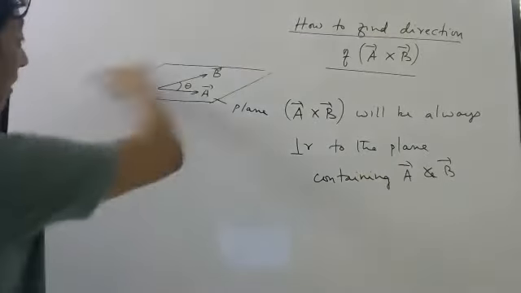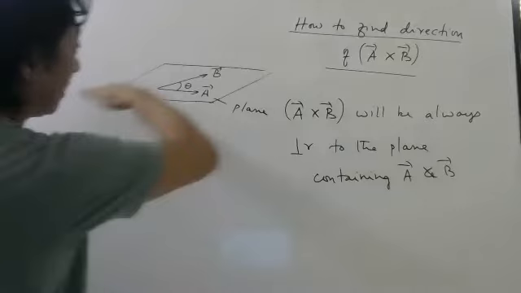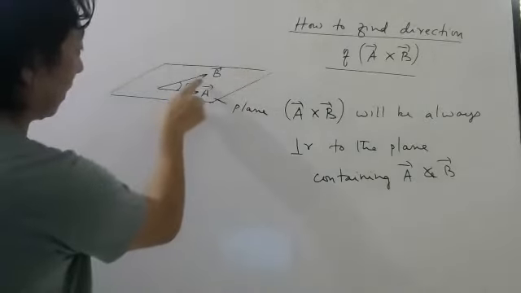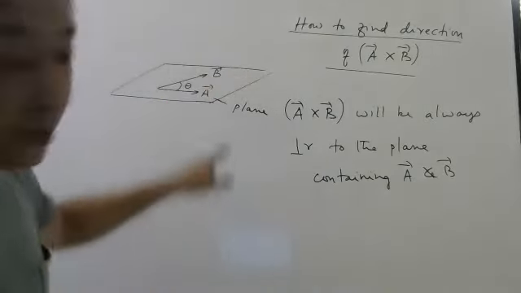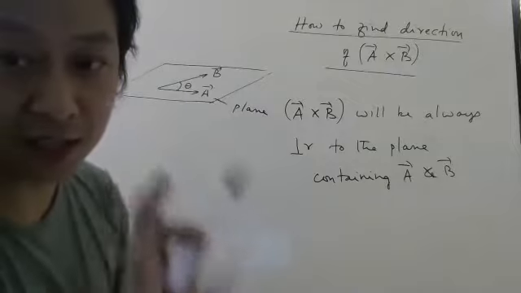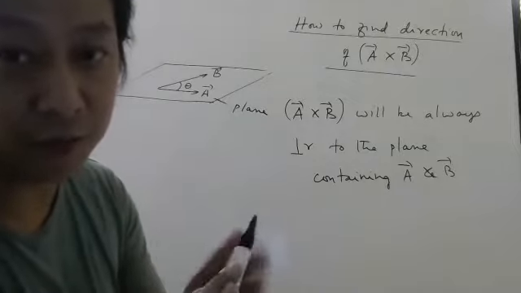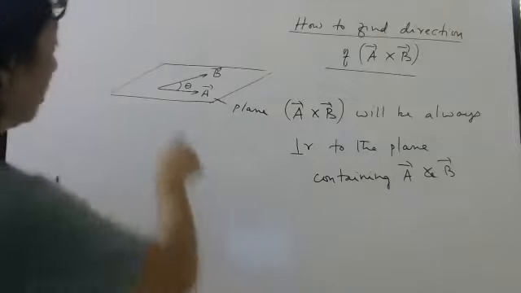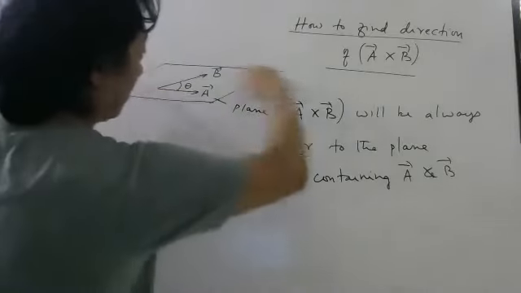So in this diagram, you see, this is the plane containing A bar and B bar. That is why I made this plane. Right now, don't ask anything, just concentrate and listen carefully. These two vectors are in this plane.